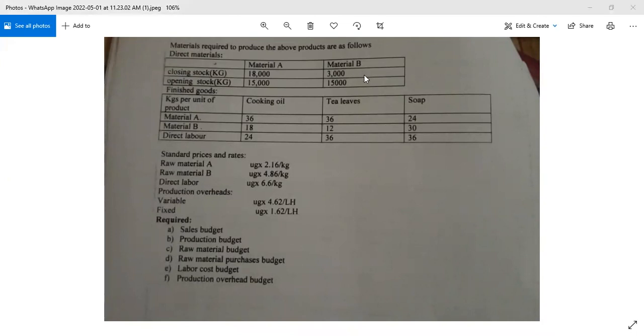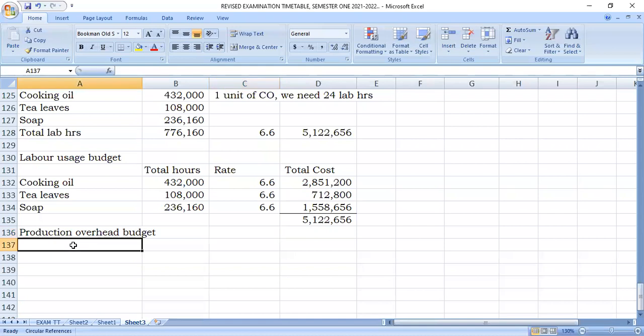All right. So if we just do the production budget and close functional budgets, we have variable, then you have the fixed.